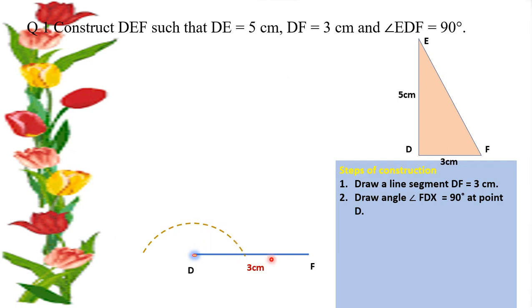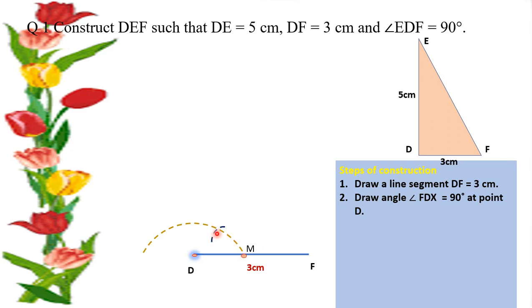This semicircle intersects the line segment DF at a point M. Now place the pointer at this point again, without disturbing the opening of the compass, with the same opening used for the semicircle, and cut an arc.